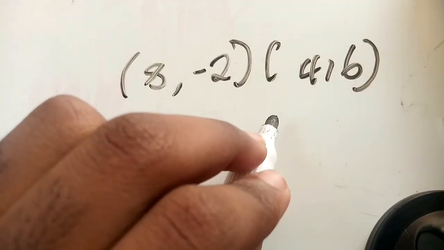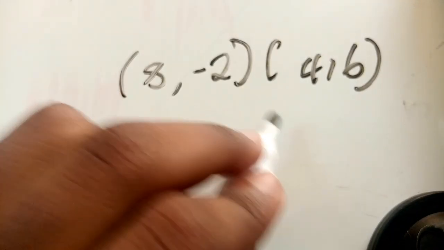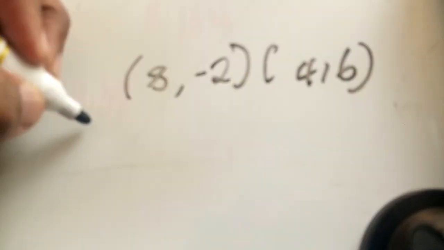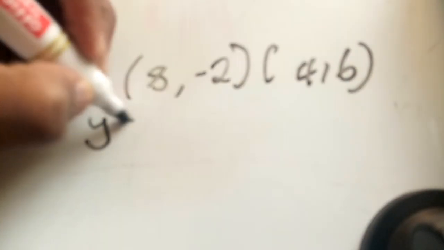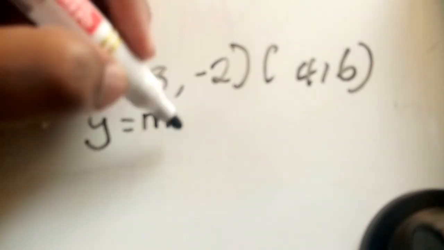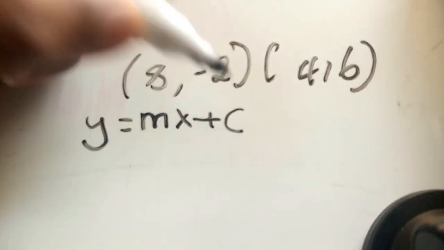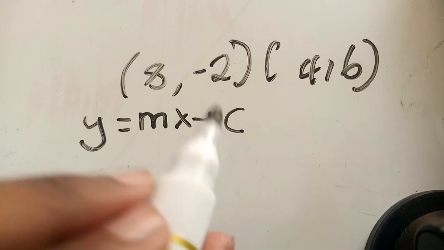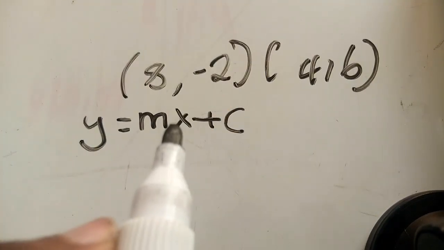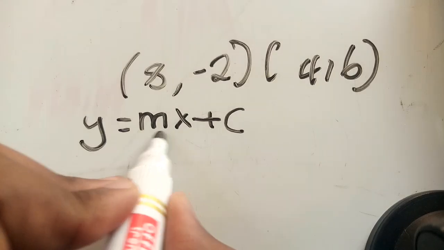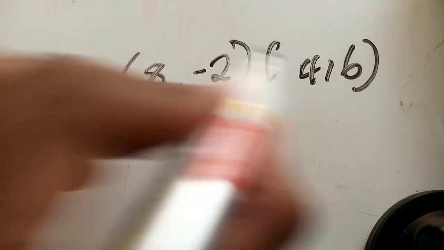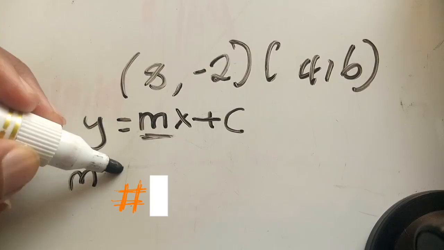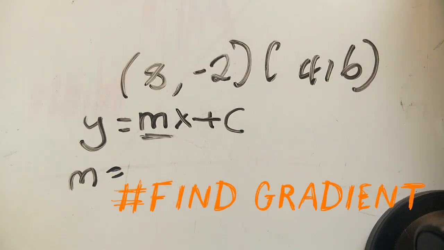So the gradient of these two points. We said our general form is y is equal to mx plus c. The first thing we do is find the gradient of these two points. Gradient we know is y2 minus y1 over x2 minus x1.